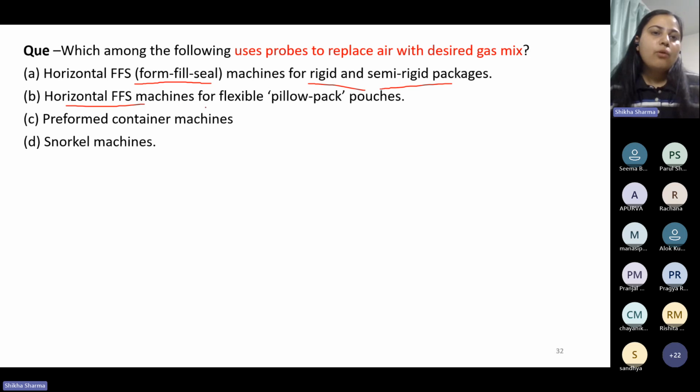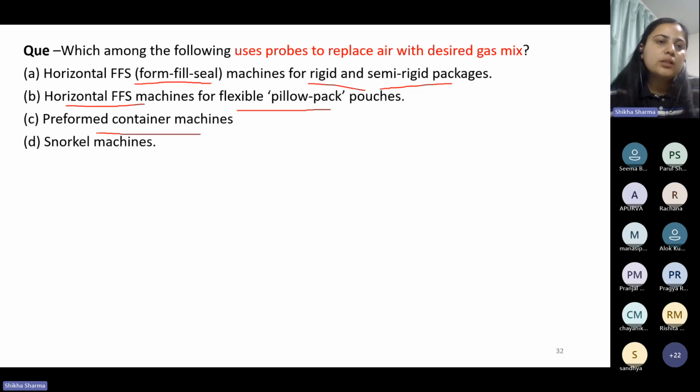Second is horizontal form fill seal machines for flexible pillow pack pouches. Third is preformed container machines, and D is snorkel machines.